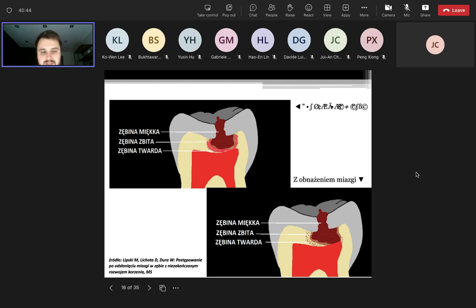If we make a holistic removal of the dentin, it will end like this. We will expose the pulp, and we will need endodontic treatment or biological treatment of the pulp.